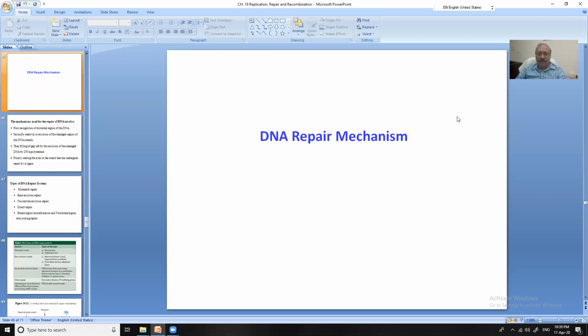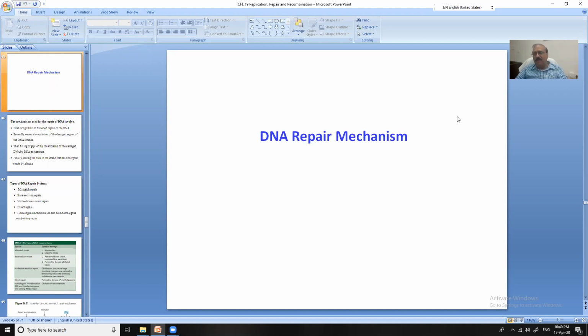So today I am starting DNA repair mechanisms. I told you that there is a chance of DNA polymerase to add a wrong nucleotide, and that it is a smart enzyme, so it is able to remove the incorrect one and place the correct one.